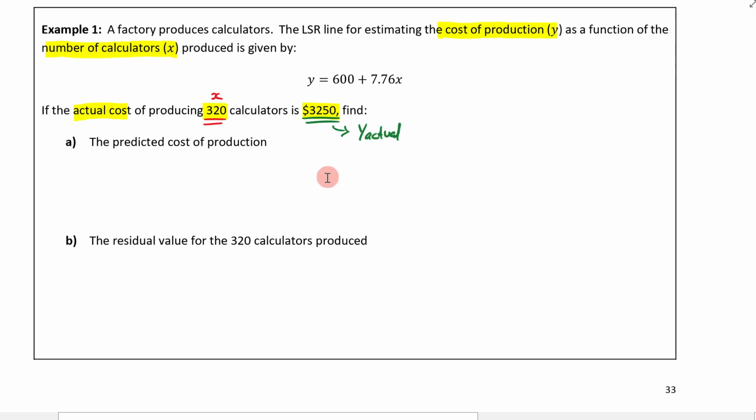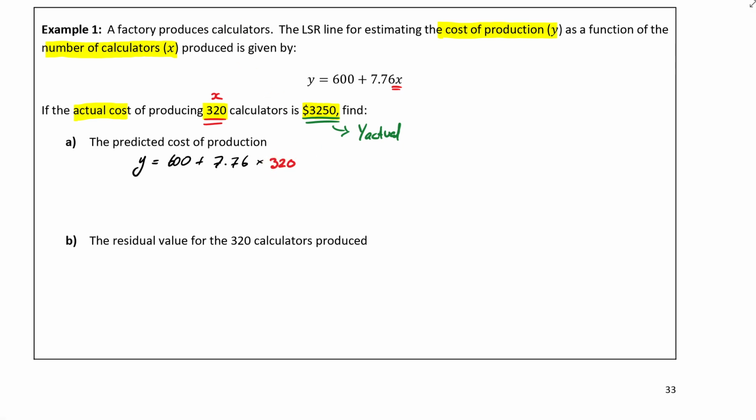Now, they've asked us to find the predicted cost of production. And when you're trying to find the predicted cost, what you're doing is taking that x value and subbing it into your least square regression line. So let's give that a go. We have y is equal to 600 plus 7.76, then I'm going to times that by 320.